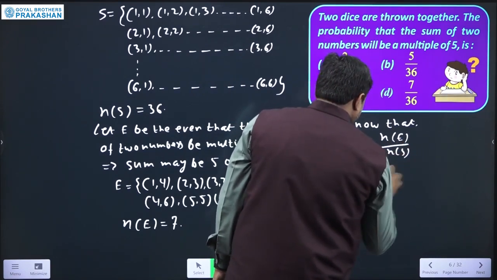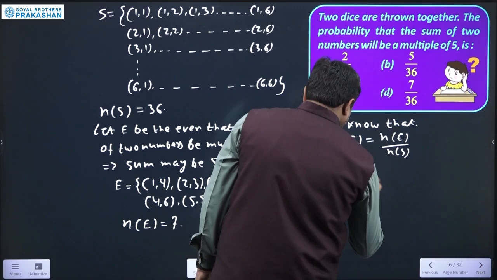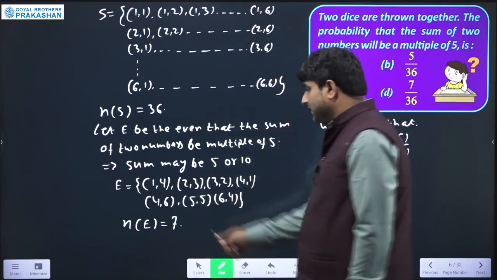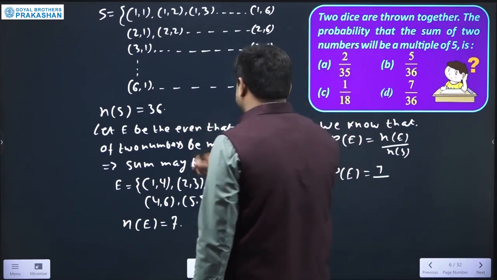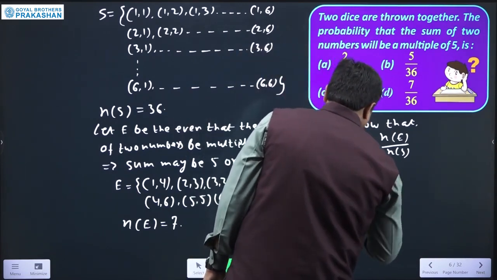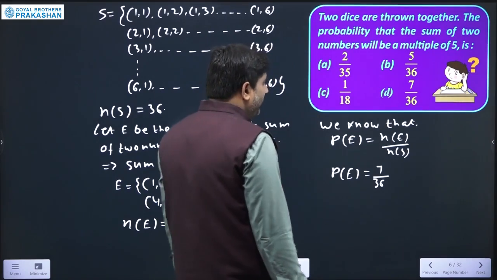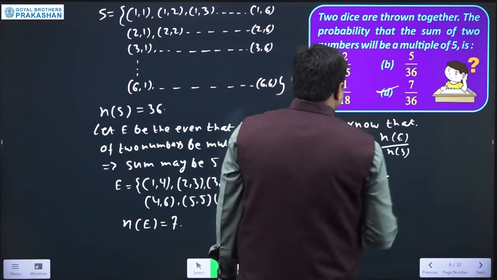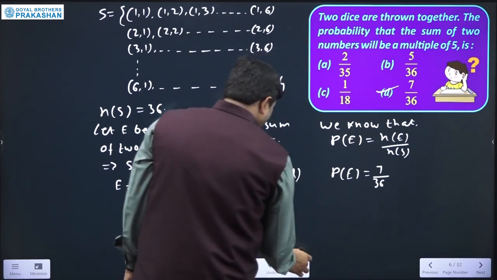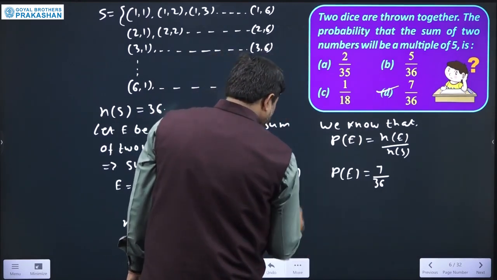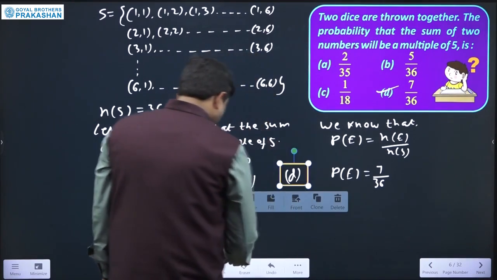So in this case also, P(E) is equal to, now n(E) is 7 divided by n(S), which is 36. So we have probability of E is 7 by 36, which is given in option number D. It means option D is correct for this question.